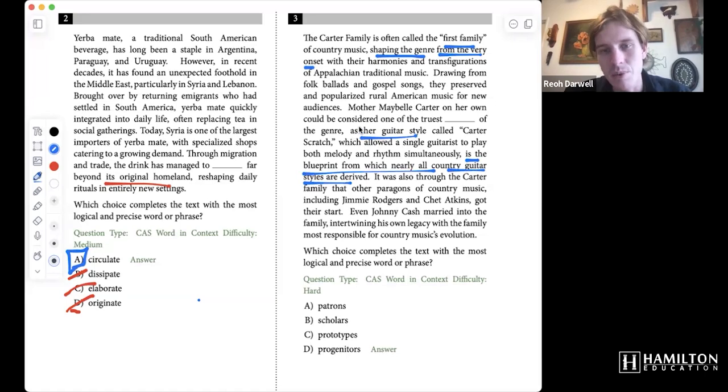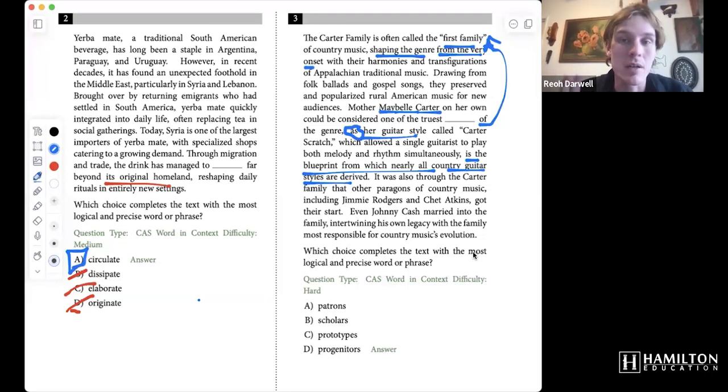But this is important: while her guitar style might be the blueprint, is she the blueprint? No. She is the first family. She is the first shaper, right? All these other people got their start through the Carter family.